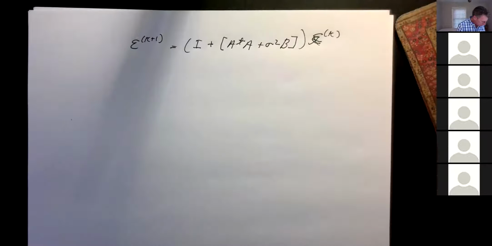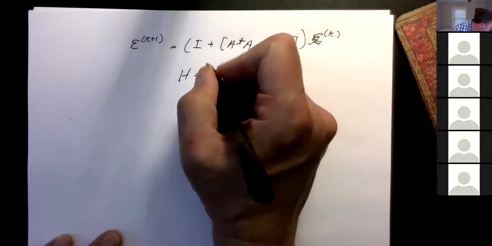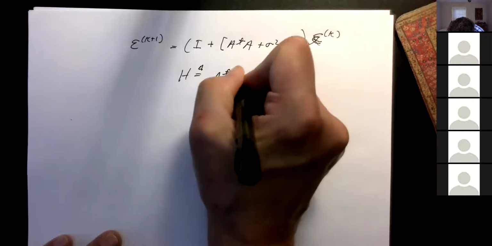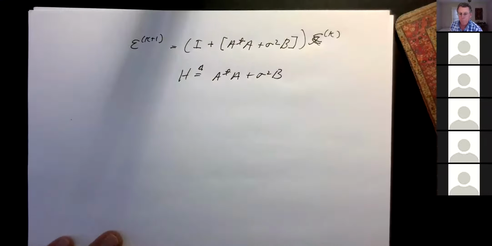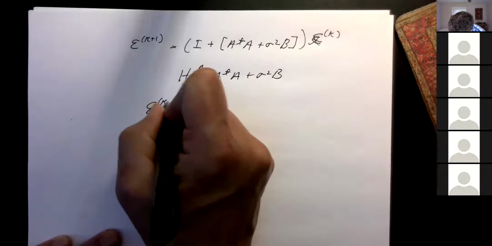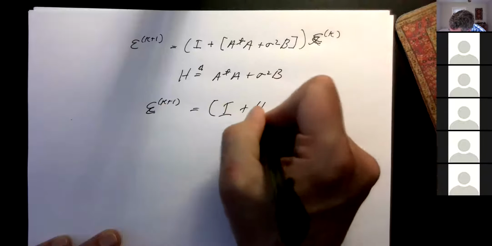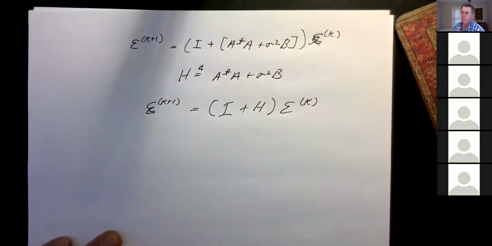Right, now what you do is this. I'm going to follow the notation I have in here. Hold on. So you define H as equal to A transpose A plus sigma squared B, okay? So then epsilon k plus 1 is equal to I plus H times epsilon k, right?